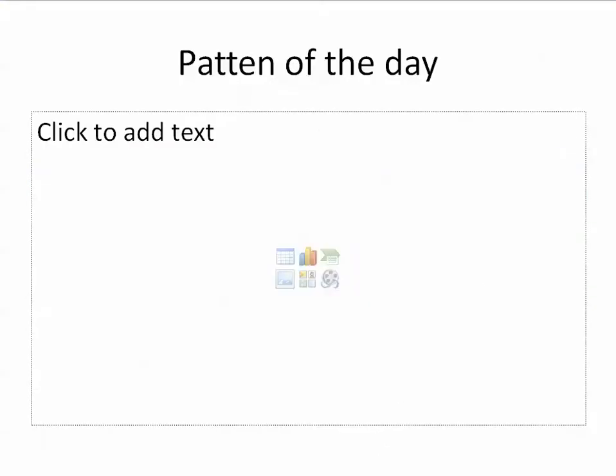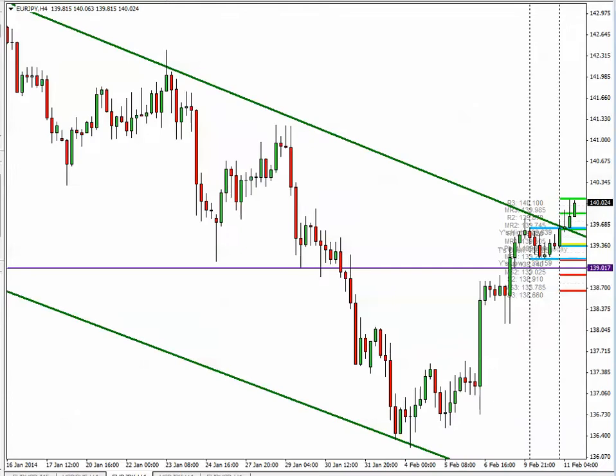And now we're moving to the pattern of the day. Here in front of us, we have a chart pattern of the euro yen. This is the 4-hour chart. As you can see right here, the big test level was over 140, and we are bullish on this currency pair.